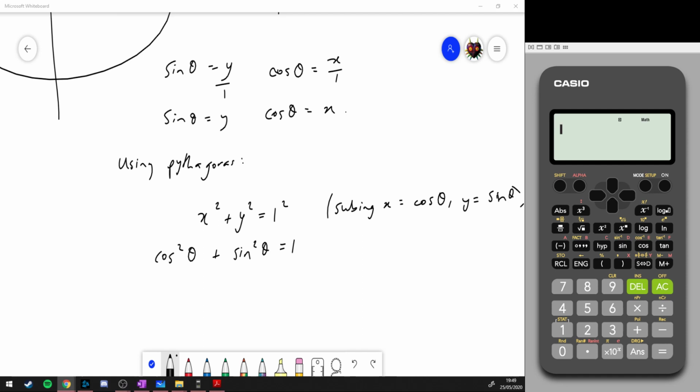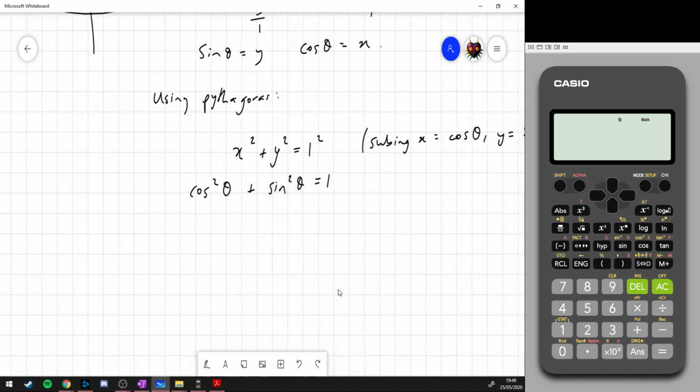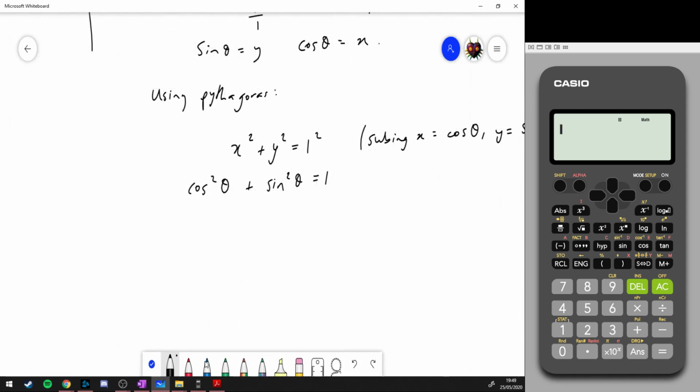Now, remembering that our r, our radius, is also a part of this too. So if we were to generalize this even further, remember, if now we use r instead of 1, okay, so sine theta becomes y over, in this case, my radius, which is r.